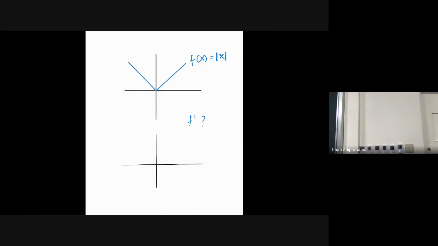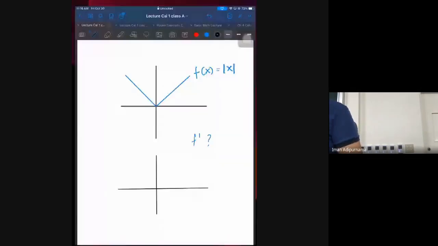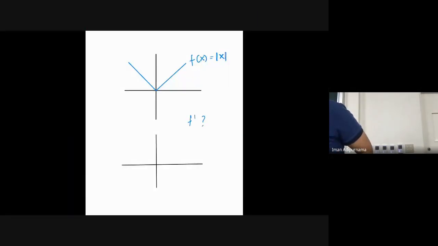It should be the same as when you plug the number into the function. So I will write the definition so that you will not forget what it means. The limit as x approaches a from the right of f(x) should be the same as the limit as x approaches a from the left side.